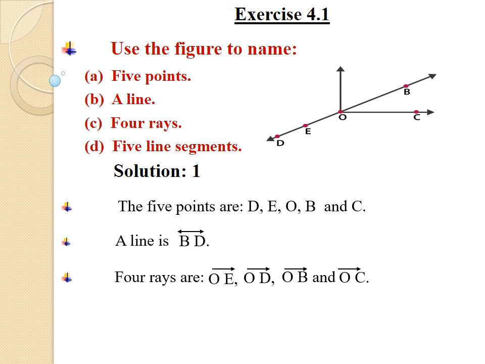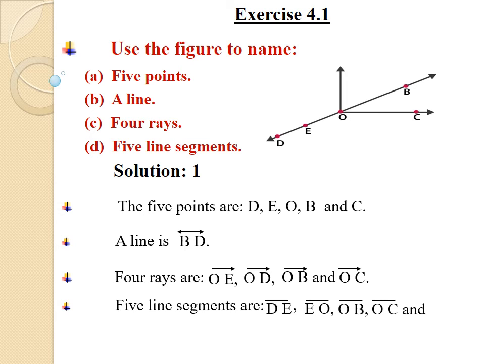Now, sum D. 5 line segments are line segment DE, line segment EO, line segment OB, line segment OC, and line segment BE.